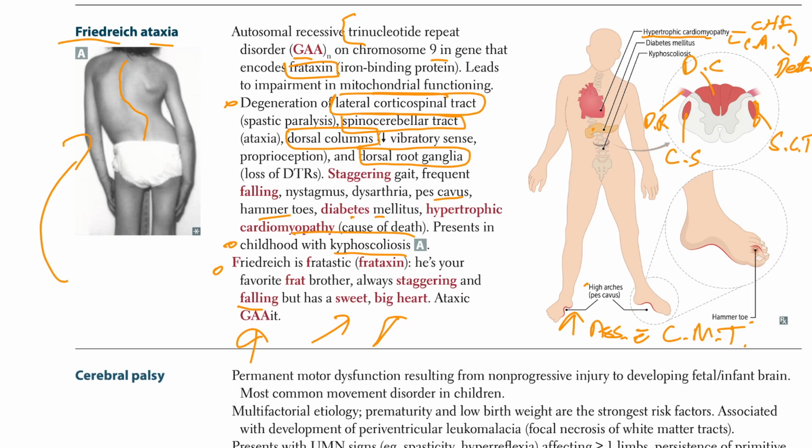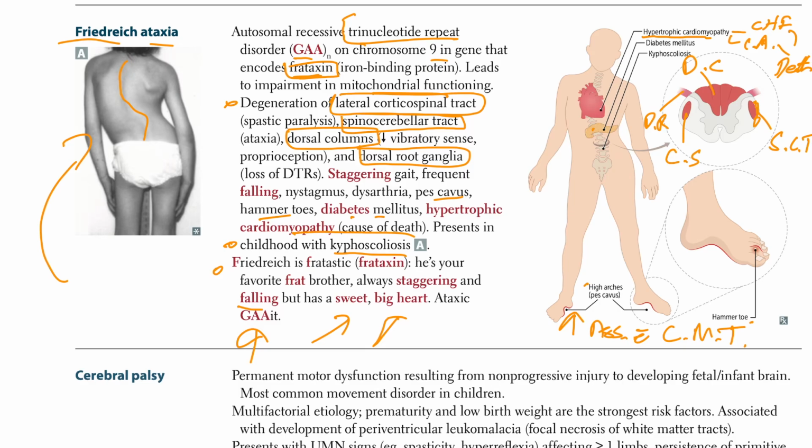So it's pretty easy, not that complex. The simple thing is you have a trinucleotide repeat. Normally there is a frataxin gene, which encodes a mitochondrial protein.